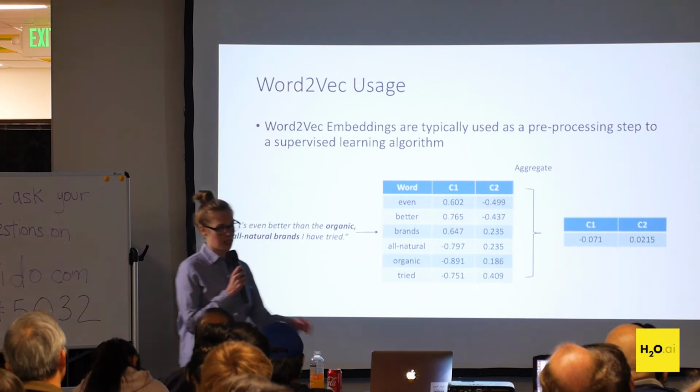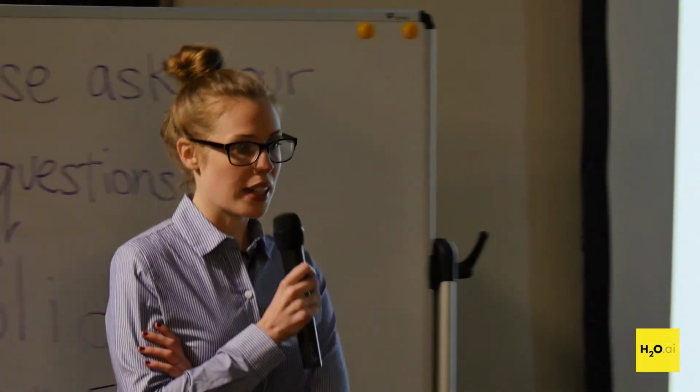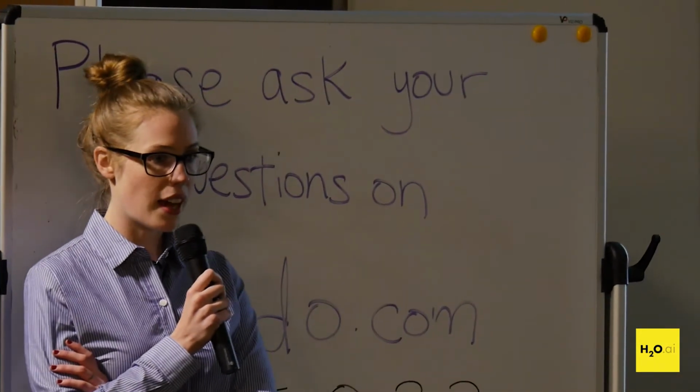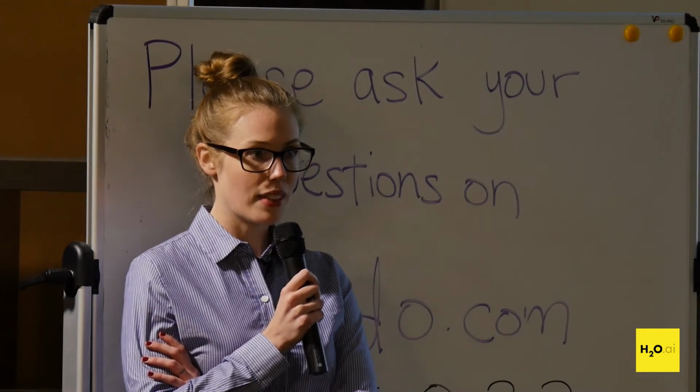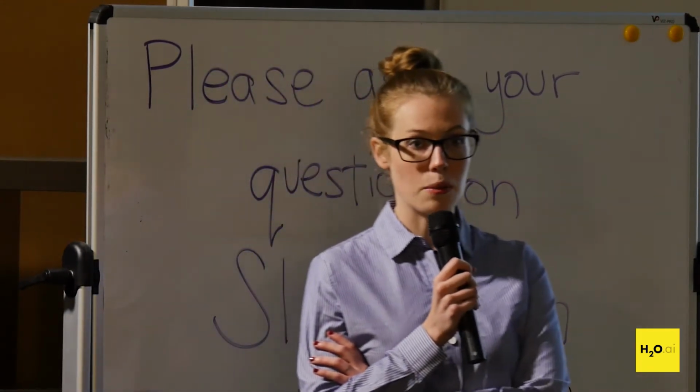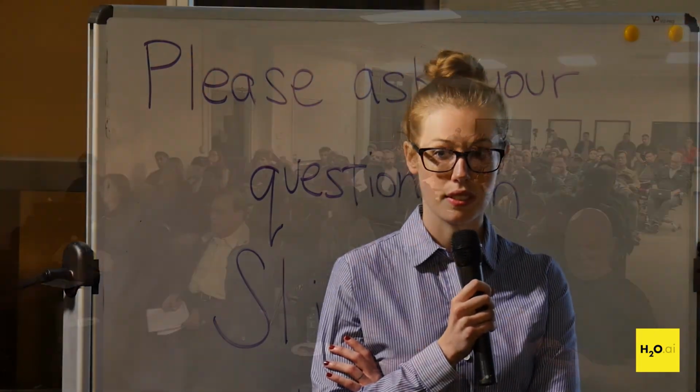Before I finish up the intro to natural language processing, I want to ask, does anyone know of an advantage of Word2Vec over those count-based methods like TF-IDF? Yes? The neighborhood context is much better in Word2Vec than the count. Yes, exactly.